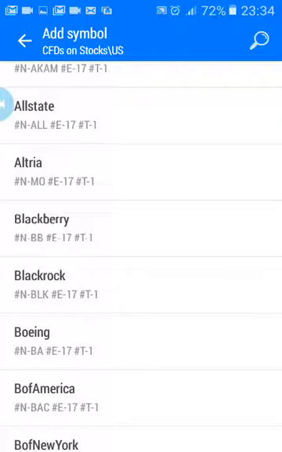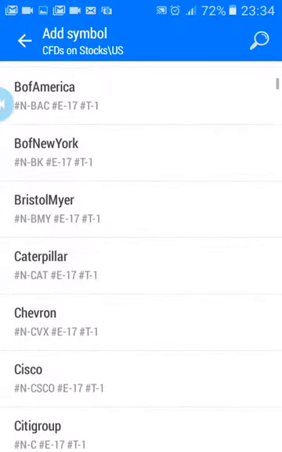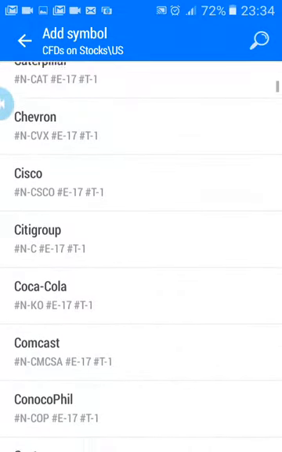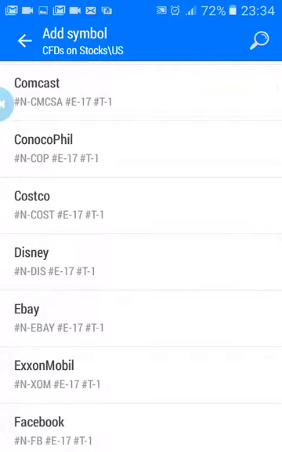BlackBerry, even though those other stocks are not doing well for me. Citigroup, I also traded. Coca-Cola, Delta, I got it.